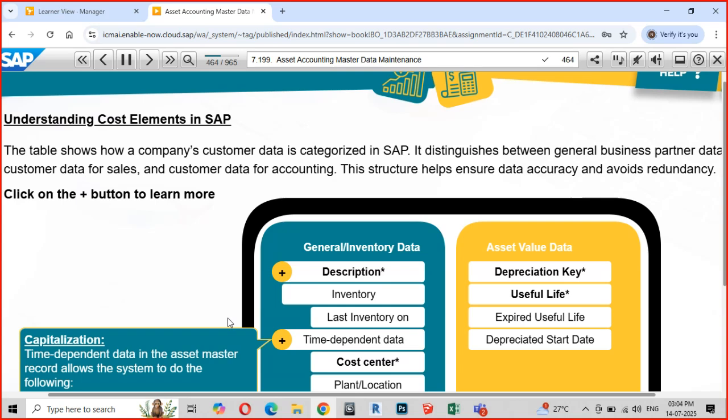Now, typically, let us say you are paying salaries to your organization's employees. Can't I differentiate how much salary I have paid to the production department, how much salary I have paid to the HR department?